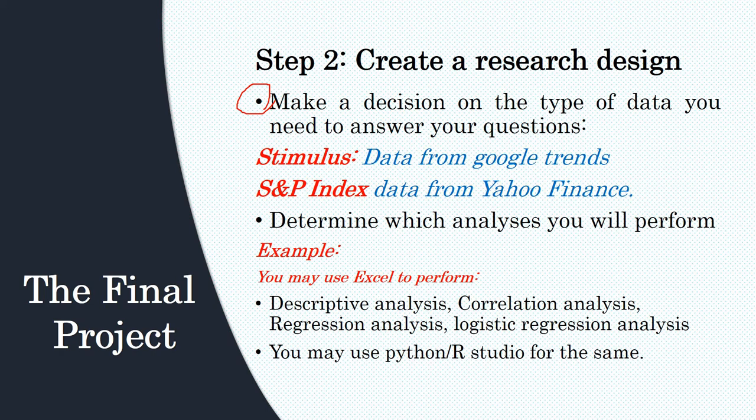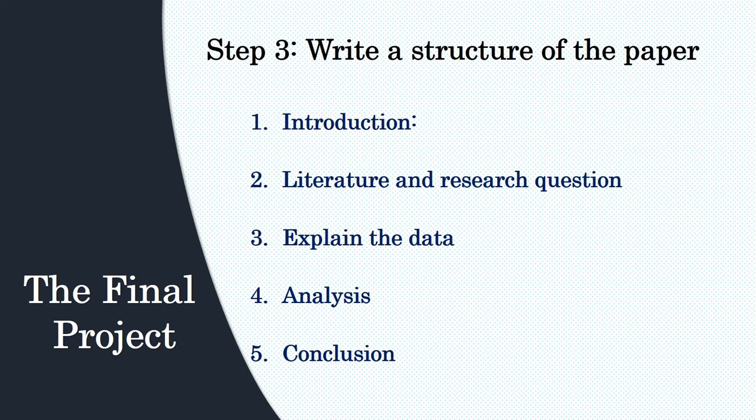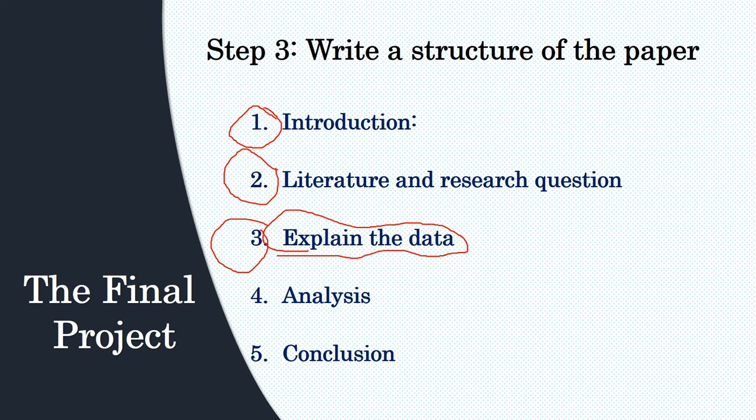Okay, and in step number 3, you will write a structure of the paper. You will write the introduction of the paper. You will write the literature and research question. You will explain the data, meaning the sources of data, and then you will perform the analysis.